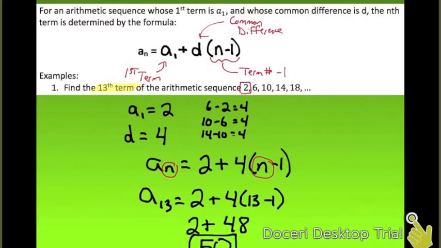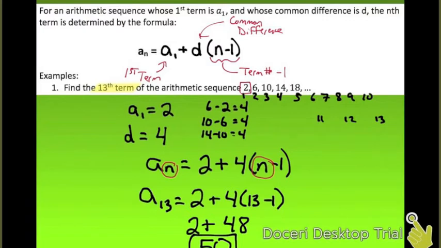And now you could work this out a little bit further because we have term 1, 2, 3, 4, 5, 6, 7, 8, 9, 10, 11, 12, 13.